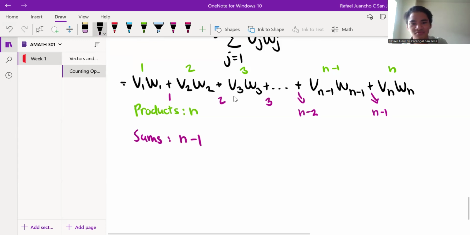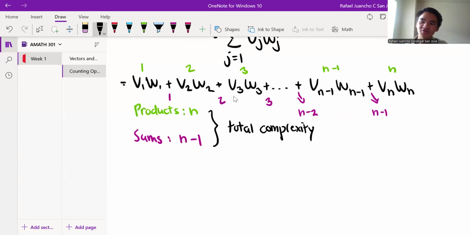And so from there, our total complexity, or basically the number of operations we did when doing this inner product, is n plus n minus 1, 2n minus 1. And here we talked about big O notation.